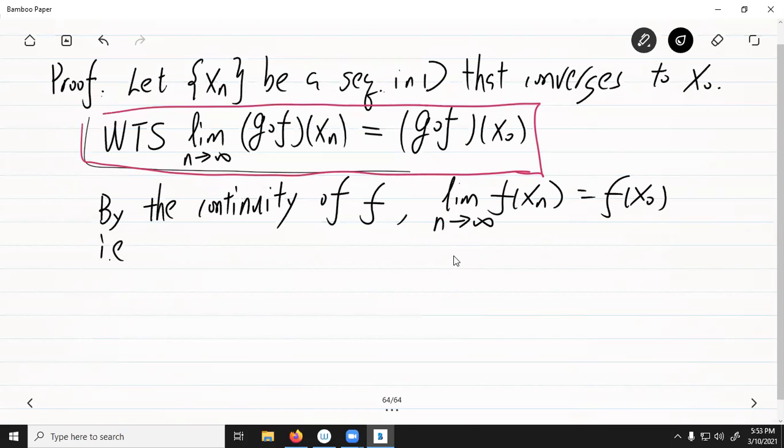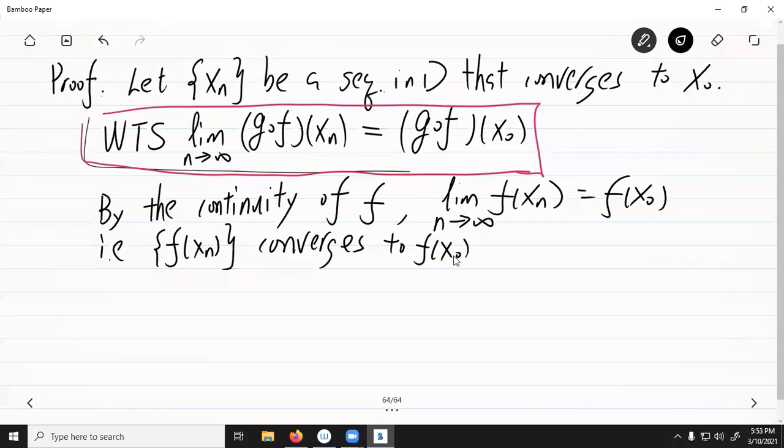In other words, f of xn will form a sequence: f of x1, f of x2, f of x3, right? This sequence converges to f of x naught.